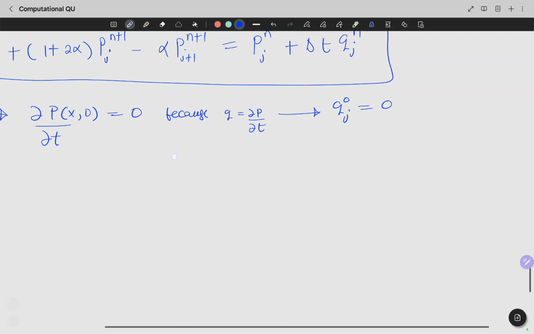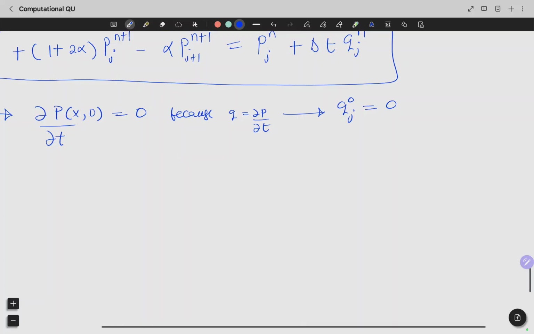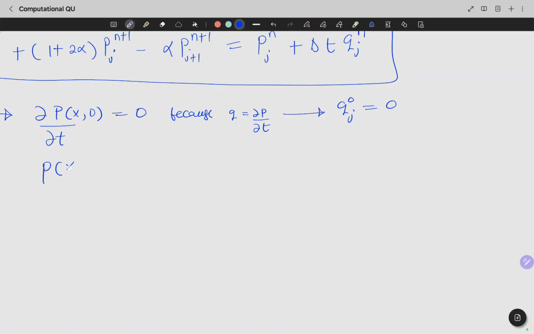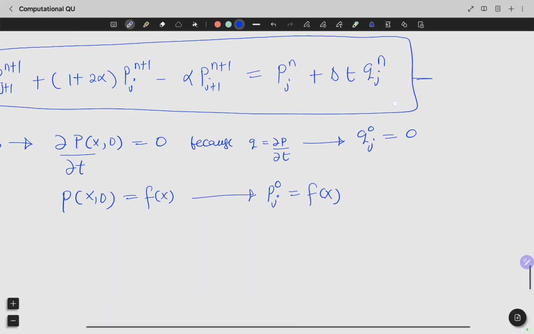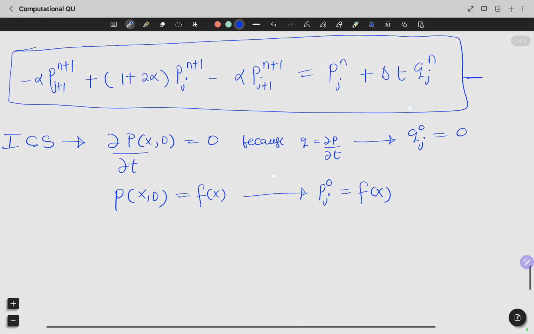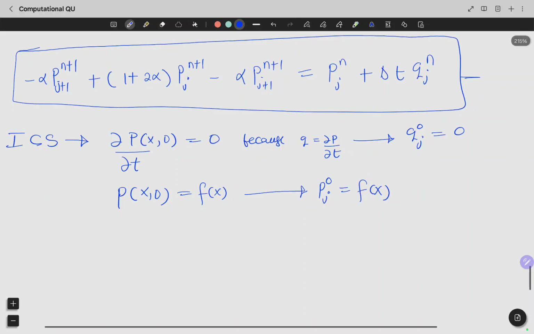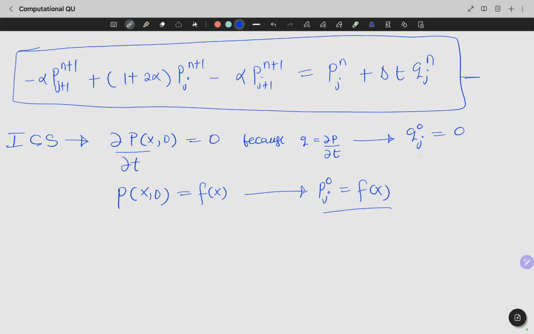And let's look at another initial condition. P of x comma 0, let's set this to be some f of x. So this means P_j^0 will be f of x in this our iterative scheme. And so we have this and we have this.